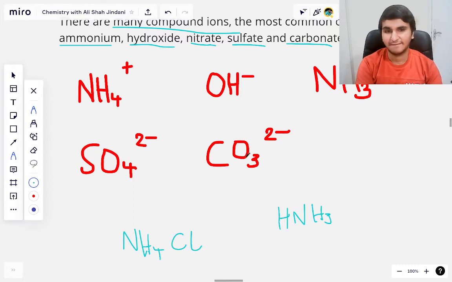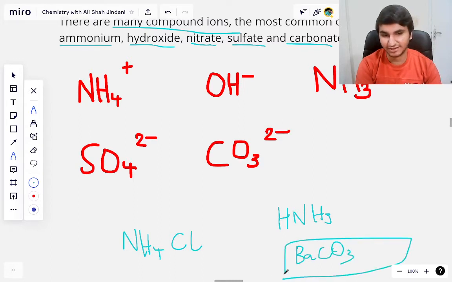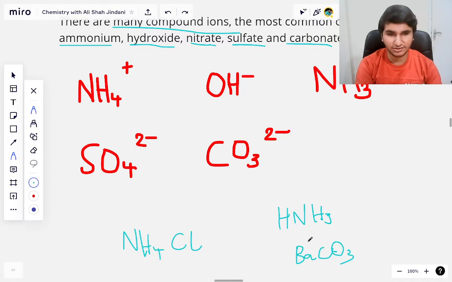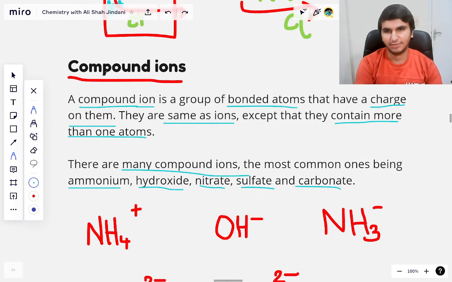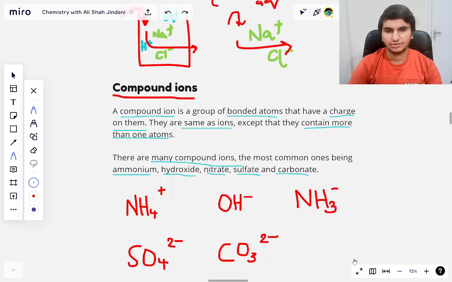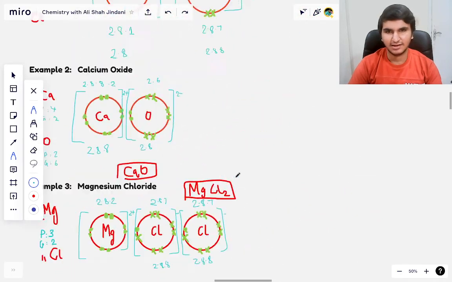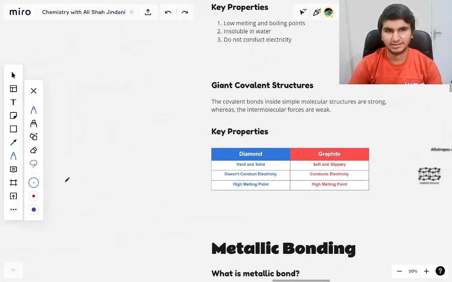You might have barium carbonate, I don't know, BaCO3. So you can have ionic compounds like this as well. And these are the two ions in it: this is a 2 plus ion, this is a 2 minus ion. So you basically get the idea that compound ions work like this. These are the 5 basic ones. Again, there are more, but we need not discuss them right now.